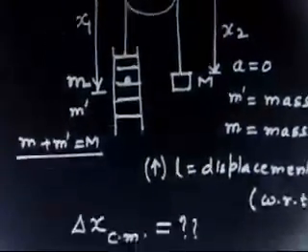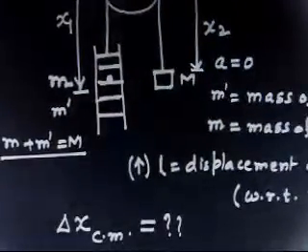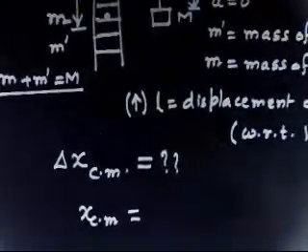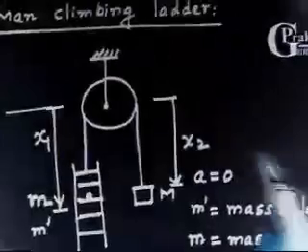Now I can find the center of mass of system x cm initially. This will be m1 x1 plus m2 x2 divided by m1 plus m2. Now let us take downward direction as positive.